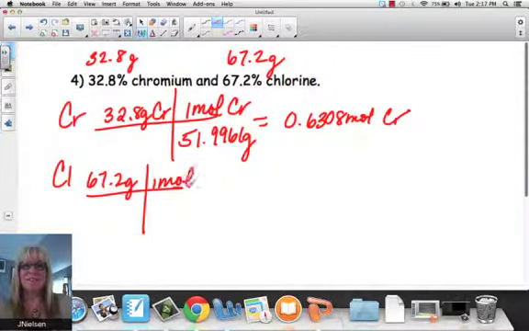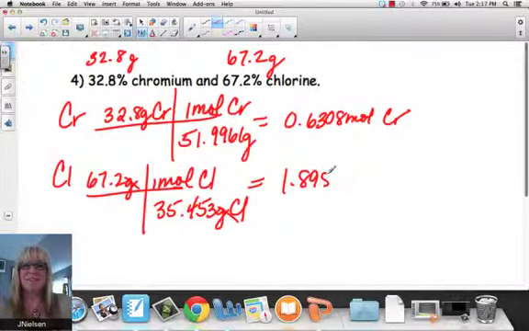Then I'm going to do my chlorine, which is 67.2 grams, and we know that 1 mole of chlorine, we just did this, has a mass of 35.453 grams. Grams of chlorine cancel, and I get 1.895 moles of chlorine.